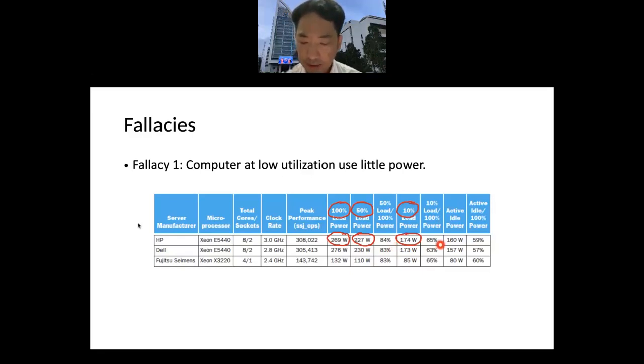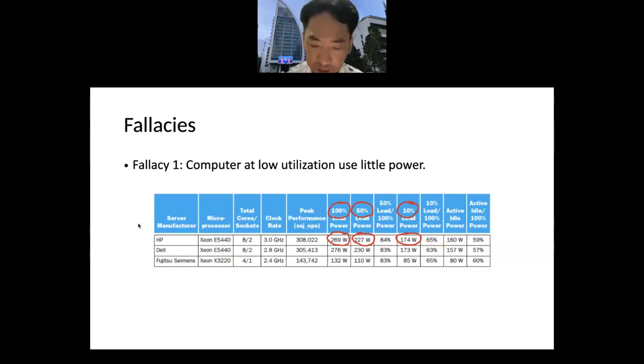And again, this number also confirms that our belief is not that true. You see that the load is just 10%, so the power it consumes should be a very similar number, should be 10% or a little bit more. But here you can see this is 65%.